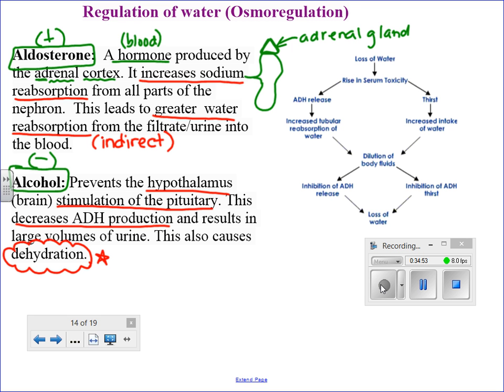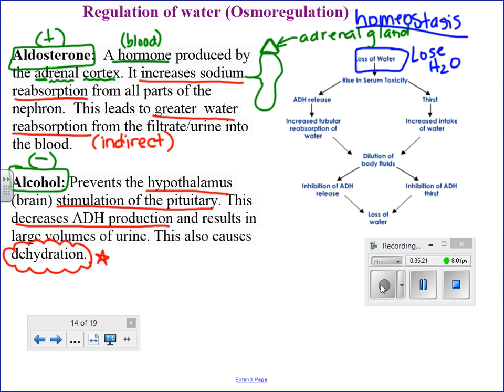Now over on the side is a little flow chart to show you how your body responds to this. This little example here, of course, is an example of homeostasis because your body detects a change in its environment and responds to correct it.